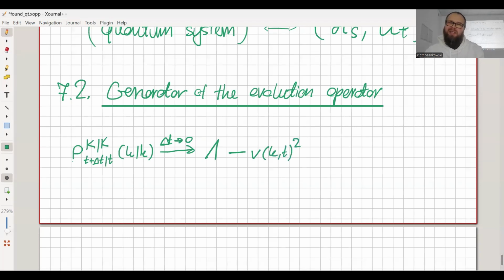It's a strictly negative coefficient, plus corrections of higher order.